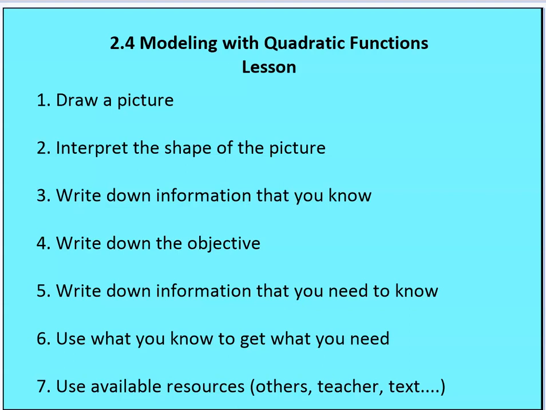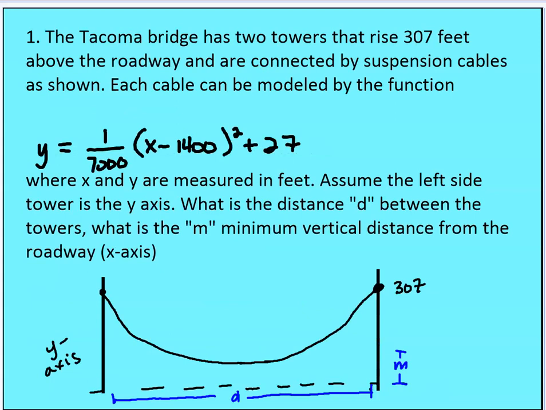So I'm going to go through 3 examples. You're going to have 3 different problems to solve. All right, so here's the first one. A bridge has 2 towers that rise 307 feet above the roadway. So you can see this tower is going to rise 307 feet above the roadway, and they're connected by suspension cables. So the top of the suspension cable is 307 feet.